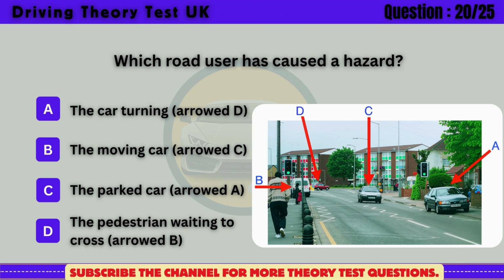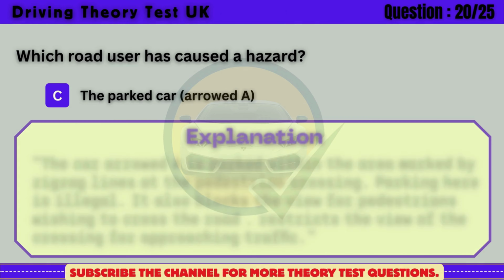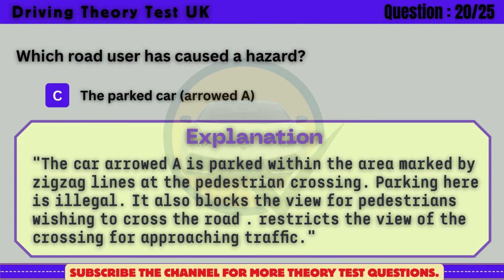A. The car turning, arrowed D. B. The moving car, arrowed C. C. The parked car, arrowed A. D. The pedestrian waiting to cross, arrowed B. Answer was C. The parked car, arrowed A. The car arrowed A is parked within the area marked by zigzag lines at the pedestrian crossing.